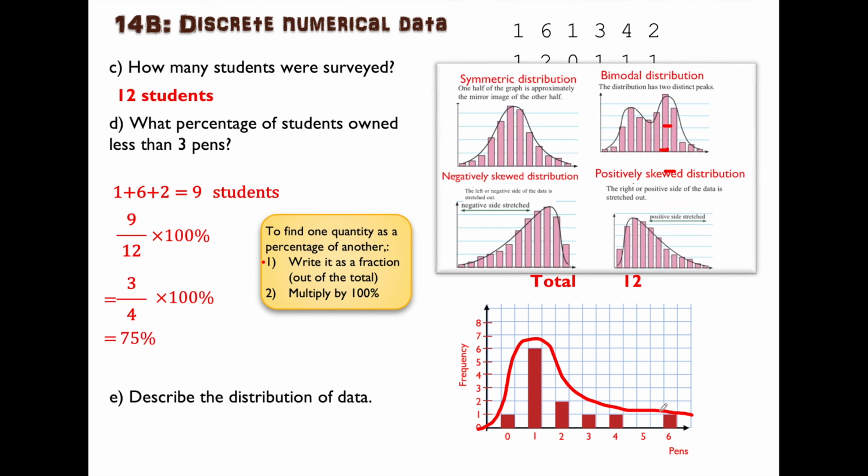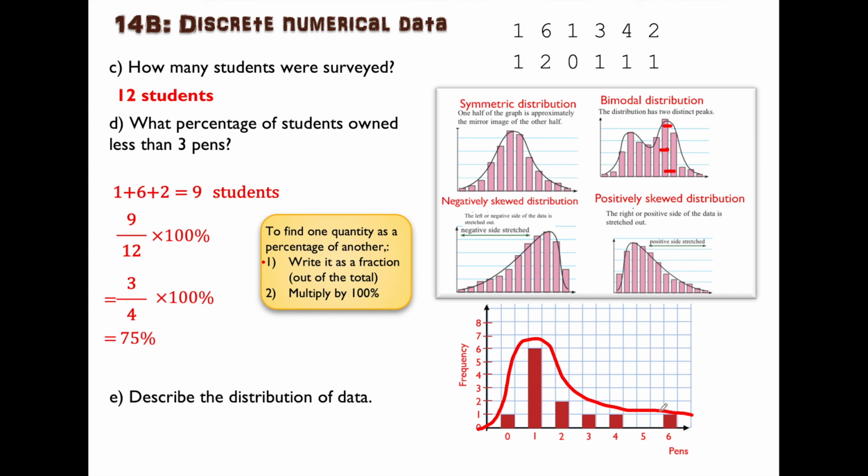If we go back to our little reference, thank you, Hazy Mathematics, for this little reference, it's not quite symmetric. The positive end is really stretched out. The larger numbers are really stretched out. So this is positively skewed. The data is positively skewed, or it is a positively skewed distribution.